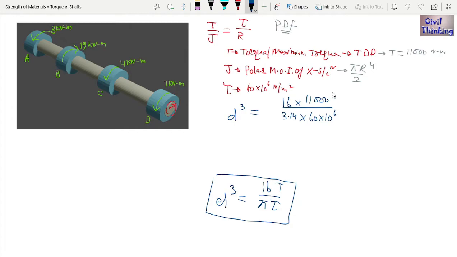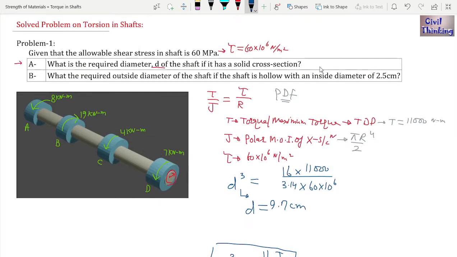This is the value of d cube. Now you can use the calculator and you will find the value of d to be 9.7 centimeter. So we found the diameter. This diameter d is 9.7 centimeter.